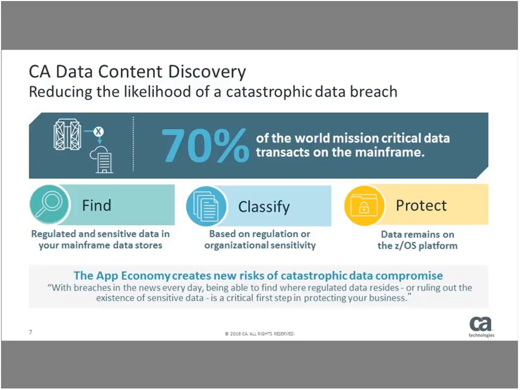And then finally, it's important to protect that data, to make sure that it remains on the z/OS platform and that we're aware of it when it begins to move. So the app economy that we're all facing really does create a risk of new catastrophic data compromise. And this is something that we must really look out for.